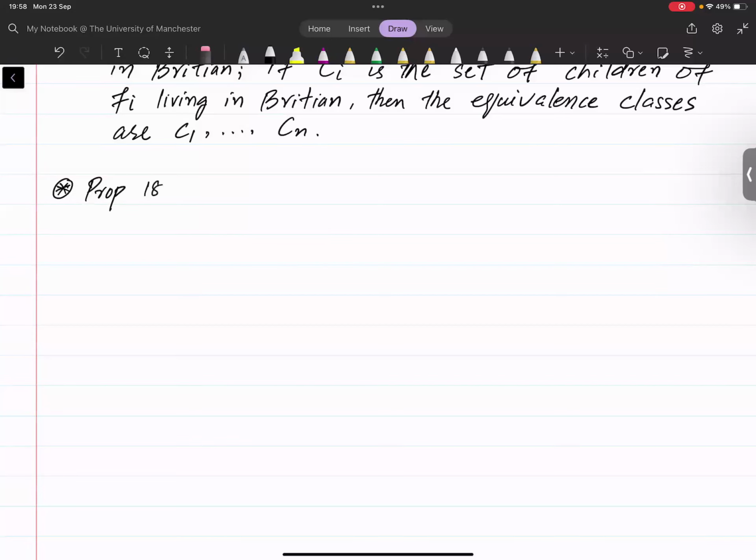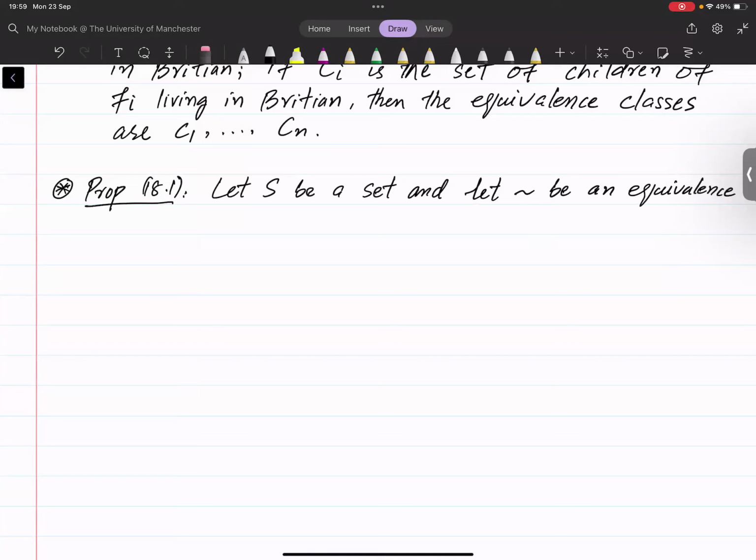Proposition 18.1: let S be a set with an equivalence relation on it.